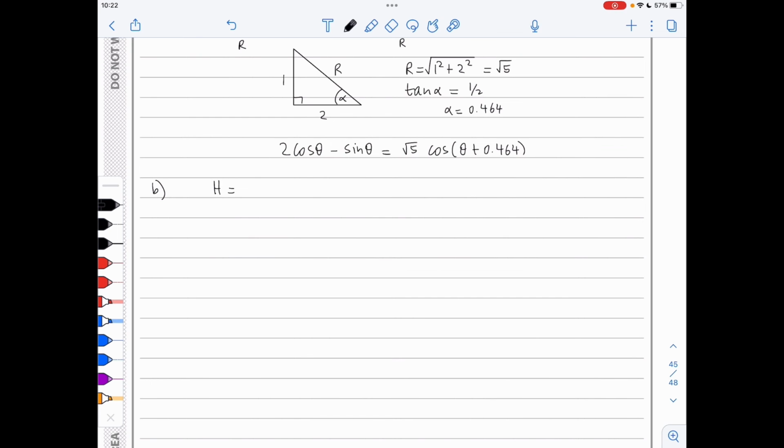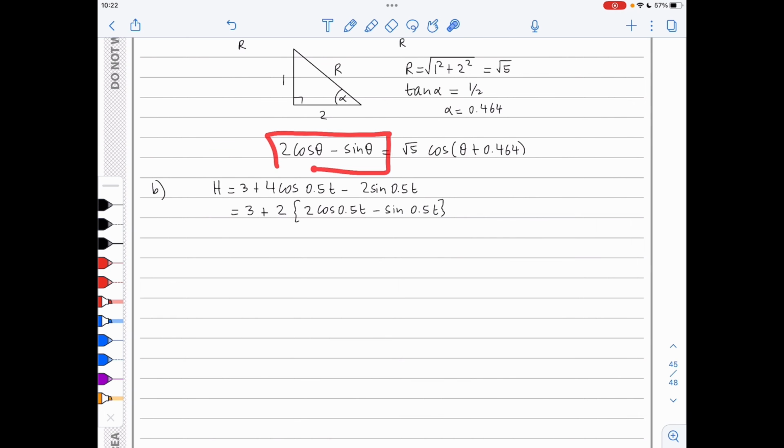Capital H is 3 plus 4 cos of half T minus 2 sine of half T. I will factor out the 2 here, so it's 2 times 2 cos of half T minus sine of half T, because this looks a lot like what we have just found in part A, with theta being replaced with 0.5 T. This means I can write this as 3 plus 2 root 5 cos of 0.5 T plus 0.464.